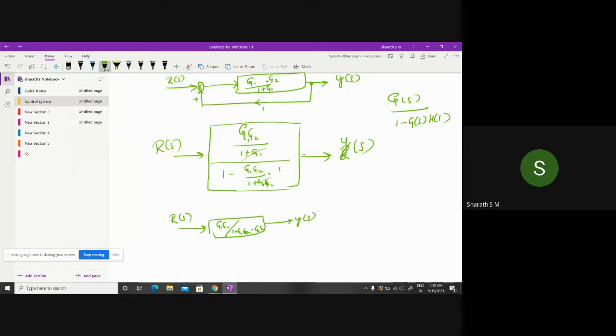So G1 G2 divided by 1 plus G1 minus G1 G2. This is the final simplified block. We had two blocks with two summation points initially, and by using these techniques we have reduced it into a single block. This is what we call block diagram reduction techniques.